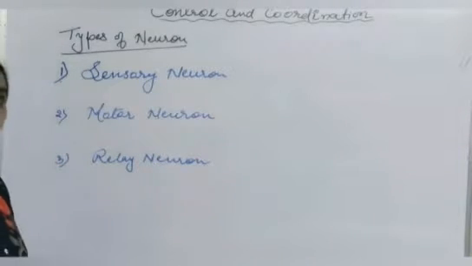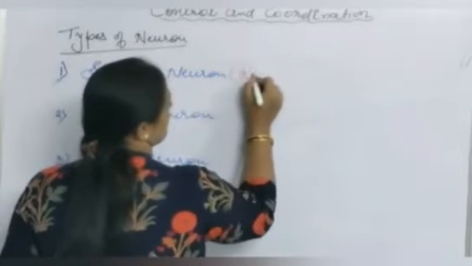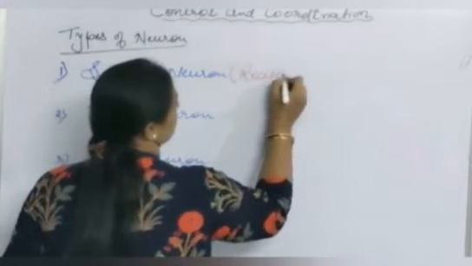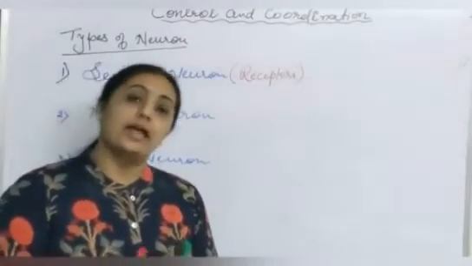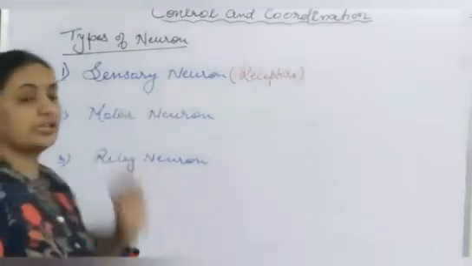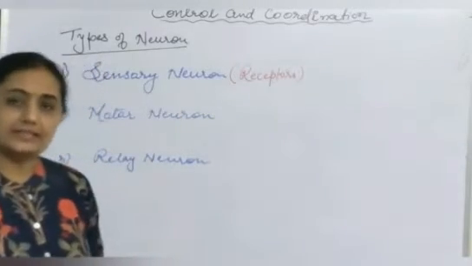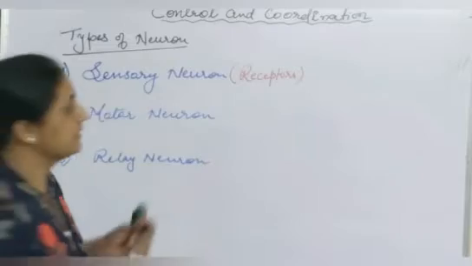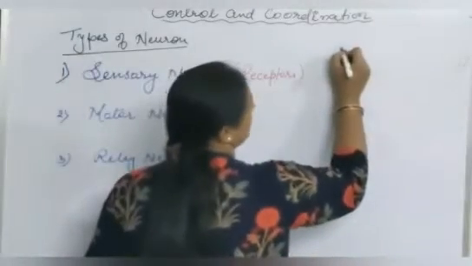These sensory neurons are called receptors because they are receiving impulses from the external environment. As per the name sensory neuron, in which region of the body are they present? In sense organs. How many sense organs are there?